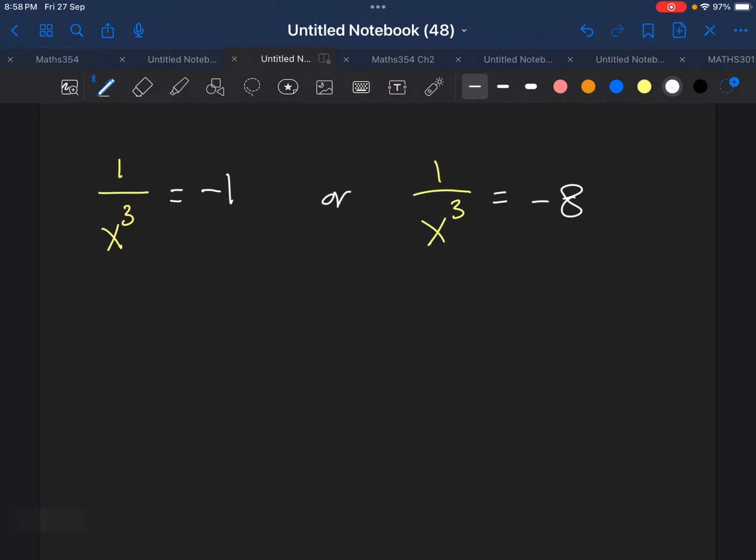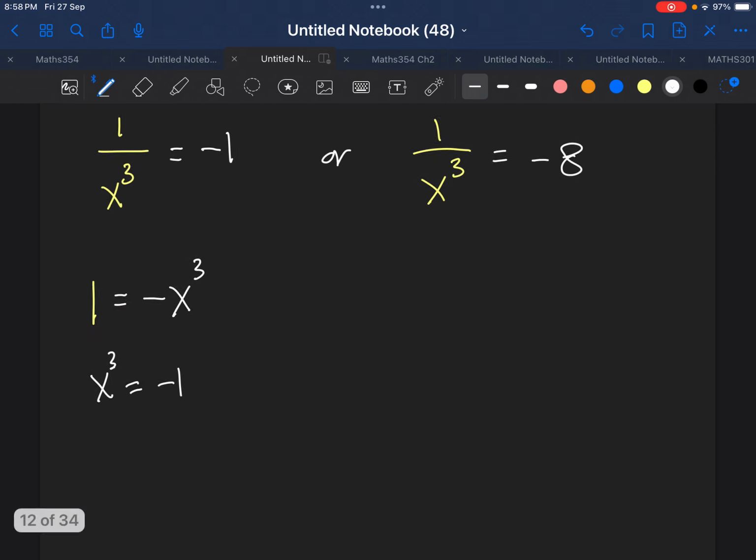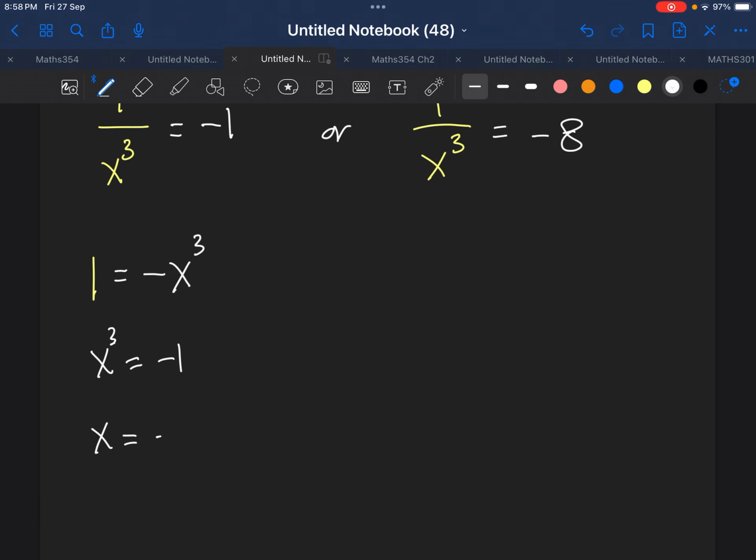Now, how are we going to solve this one? Of course, we multiply everything by x cubed, and that gives me 1 on one side equal to negative x cubed. If we take the negative to the other side, we get x cubed equals negative 1. So x equals the cubic root of negative 1, so x equals negative 1.